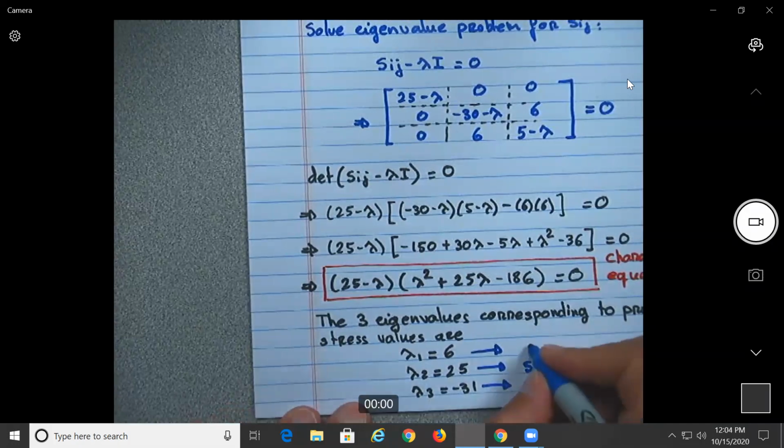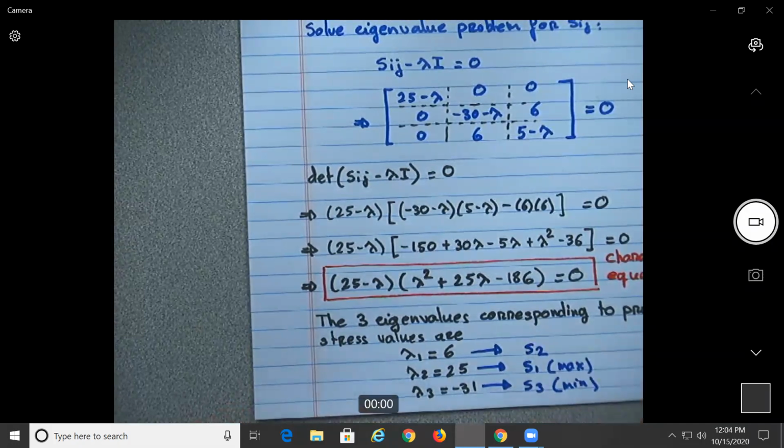And this will be the components of the stress. Okay, so basically we found the value of the deviatoric, and this will be the value of the principal stresses, no? Which correspond to the eigenvalue.